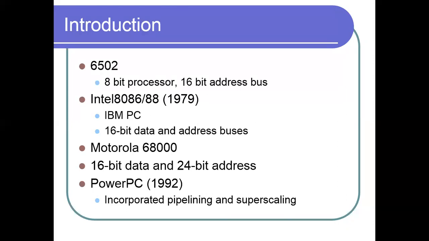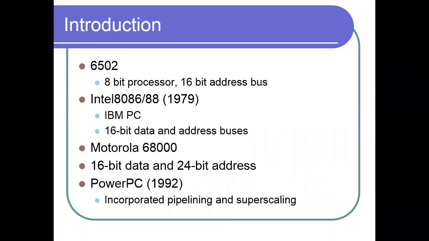In the first unit also, we talked about the history of computers. Initially it started with very big computers, some of which are listed here. One of the earlier computers was the 6502, which had an 8-bit processor and a 16-bit address bus.